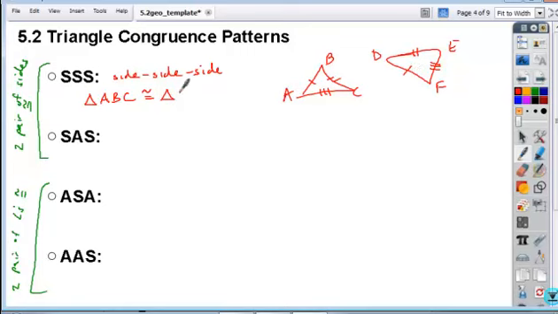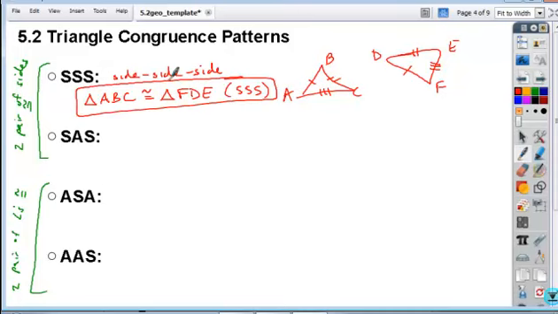Opposite 2 tick marks is F. B is opposite 3 tick marks, it corresponds to D. And then finally C is opposite 1 tick mark, it corresponds to E. So this would be our congruent statement, and our pattern, the justification, would be SSS. So all you need is 3 pair of corresponding pieces, and that's enough to show that the entire triangles are congruent.